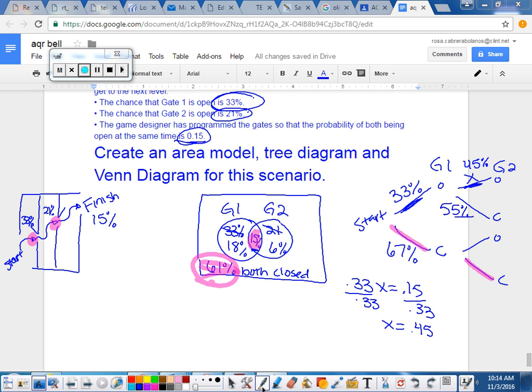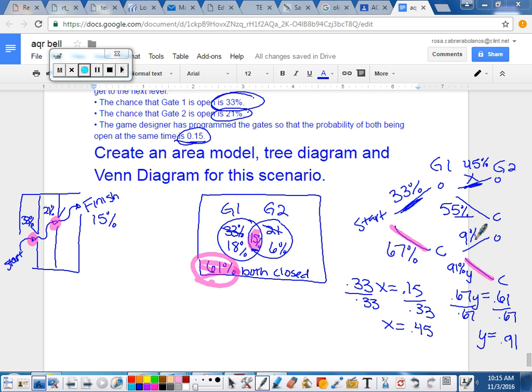I'm going to call this one y this time: 0.67 times y equals 0.61. And then of course, we already know we're dividing. What's 0.61 divided by 0.67? 0.91. What's 0.91 as a percent? So this is 91%. How much am I missing to make 100? 9. So this is 9%. Okay. And then now we have our full tree.